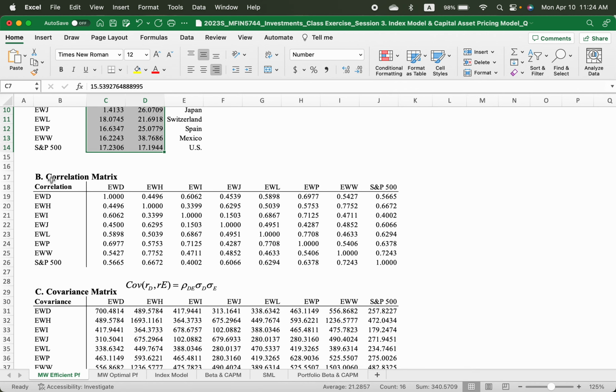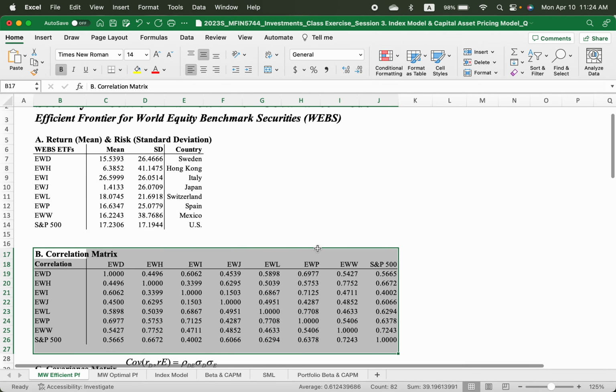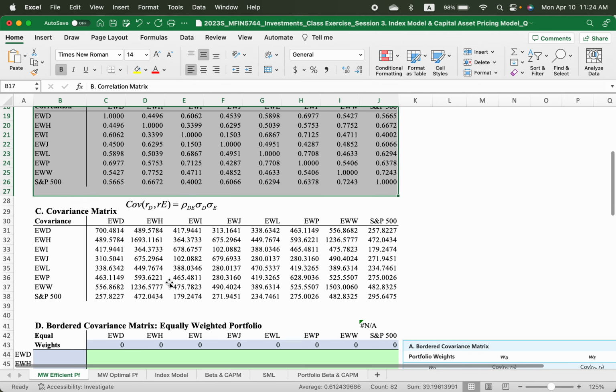Once we have the correlation matrix between the risky assets, risky investments, risky securities, then we need to build the covariance matrix. How do we calculate the covariance matrix? Yes, there you go. The correlation coefficient between two assets times the standard deviation of the two risky assets.